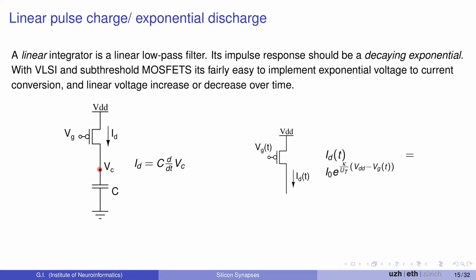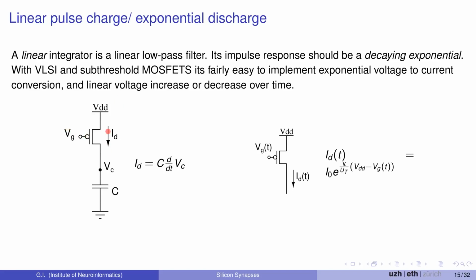And all you need to do is give it a spike, you charge it, and then you have a constant leakage, maybe with a constant current, or just the leakage of the capacitor. But if you want to control it well with a constant current, then a constant current will leak the capacitor voltage linearly. If the voltage decreases linearly, or sorry, this is a PFET, so let's look at it this way.